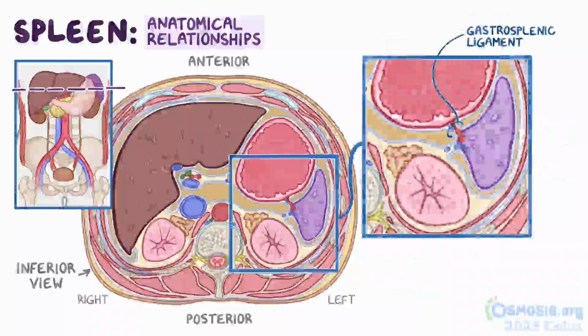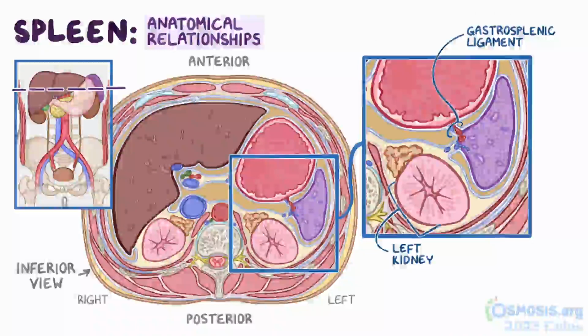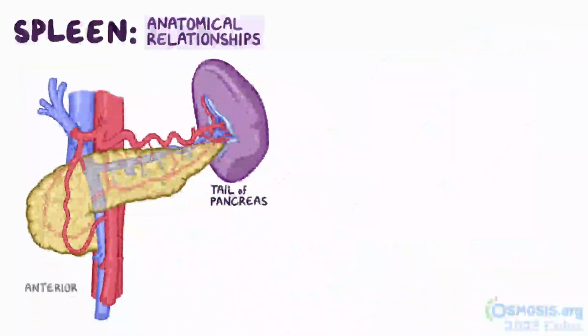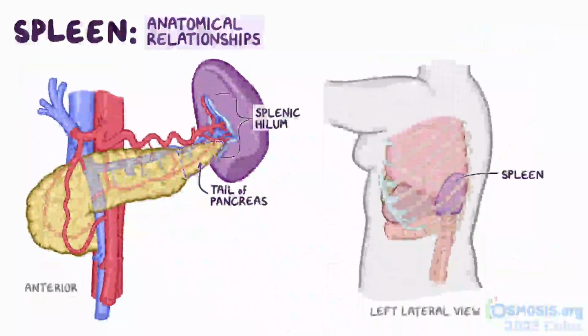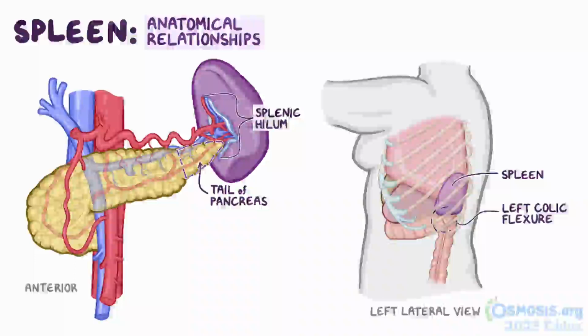The spleen is lateral to the left kidney, and the two are connected via the splenorenal ligament. The gastrosplenic and the splenorenal ligament contain splenic vessels within them and attach to the splenic hilum. The tail of the pancreas also often contacts the splenic hilum. Lastly, the spleen lies just superior to the left colic flexure of the large intestine.